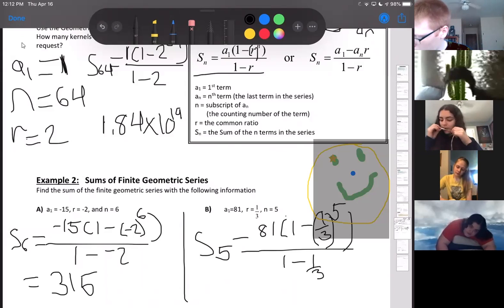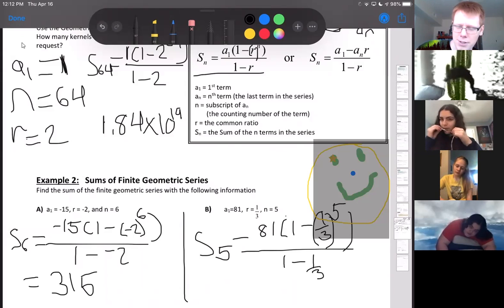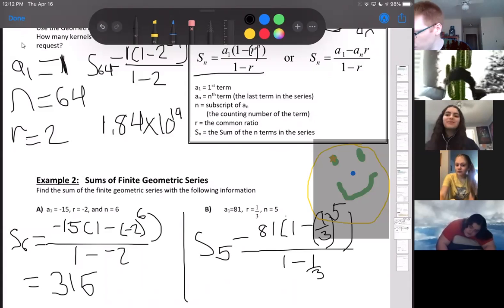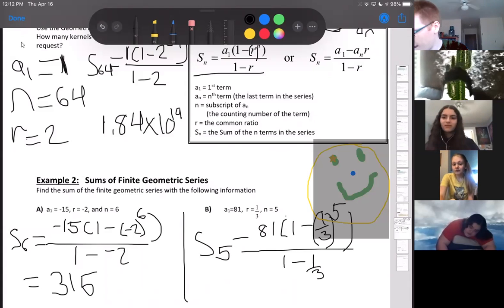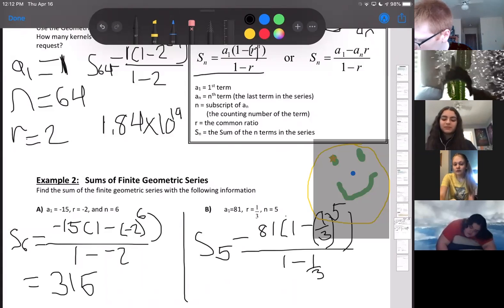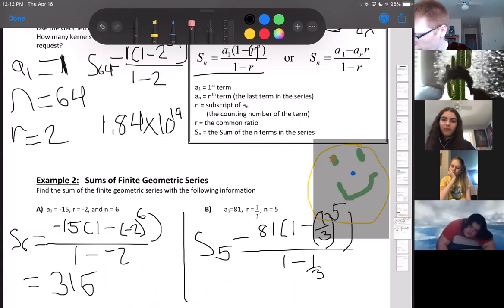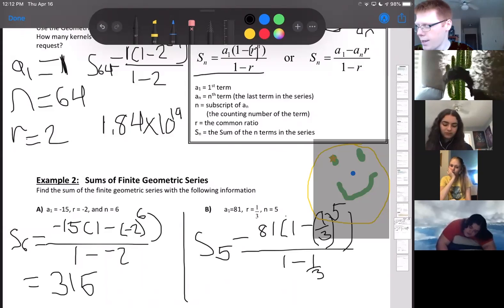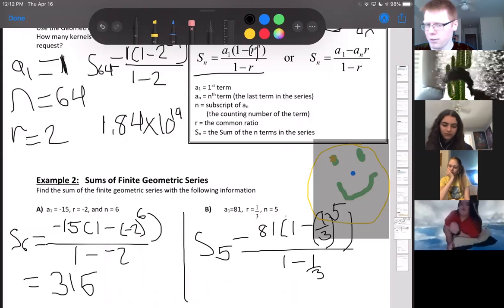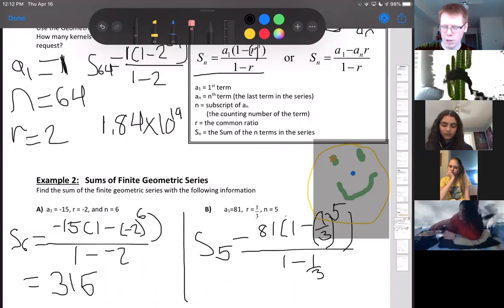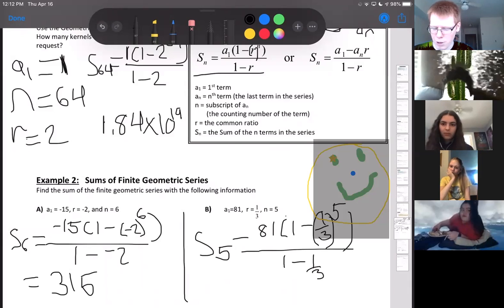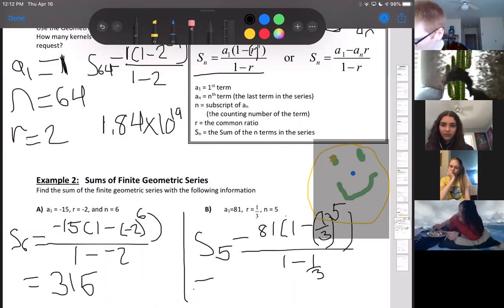You'll definitely have to use a lot of parentheses. I usually work out the top and then divide by my denominator. So this would be 81 times 1 minus 1/3 up to the 5th power, press equals. Then I would do the mental math in my head. The bottom's going to be 2/3, so just divide by 2/3. As long as I didn't do anything wrong in my calculator, I got 121.